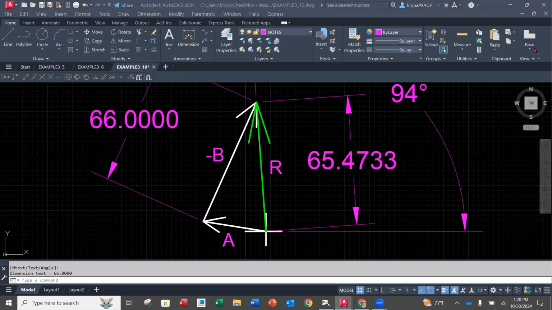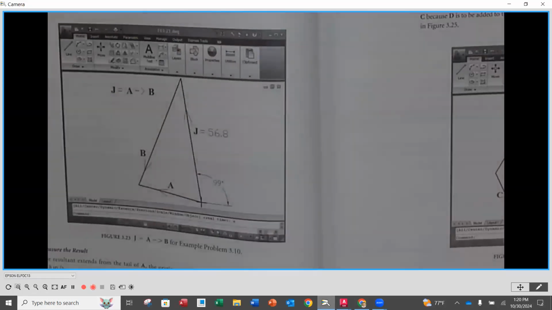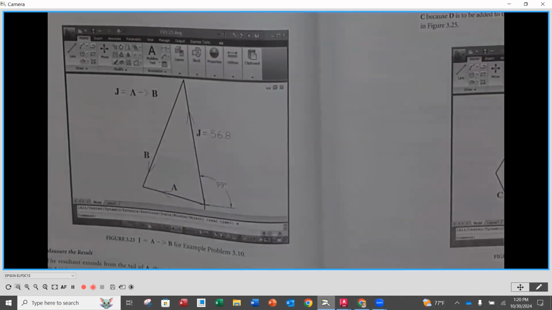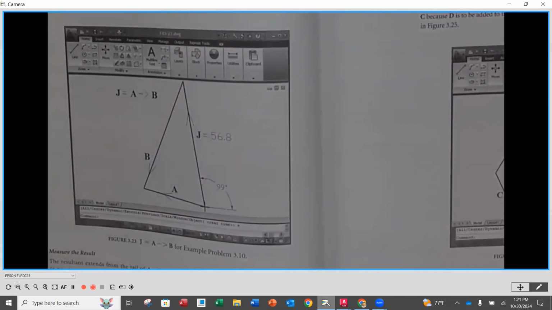Did you guys get yours? Yeah, you got 56. And 56.8 matches exactly what they have here. So make sure that you have these two numbers. I glanced over and used the 66 in both the angle and the magnitude. My fault, but at least we know. So you guys are going to be held to a higher standard.